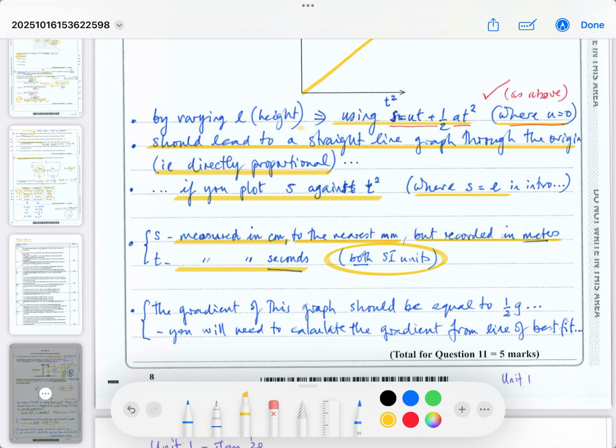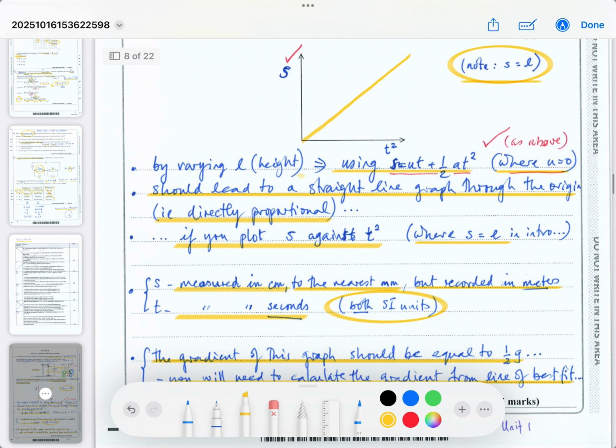And then you just clarify what I explained to you already in the audio. The gradient of this graph should be equal to half g, yes, and you will need to calculate the gradient from the line of best fit, okay? So don't miss anything out. And I would then here put the last bullet point.